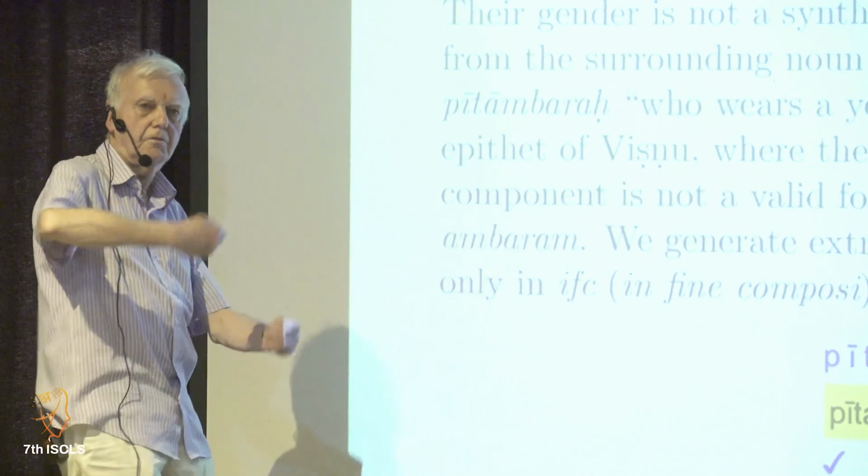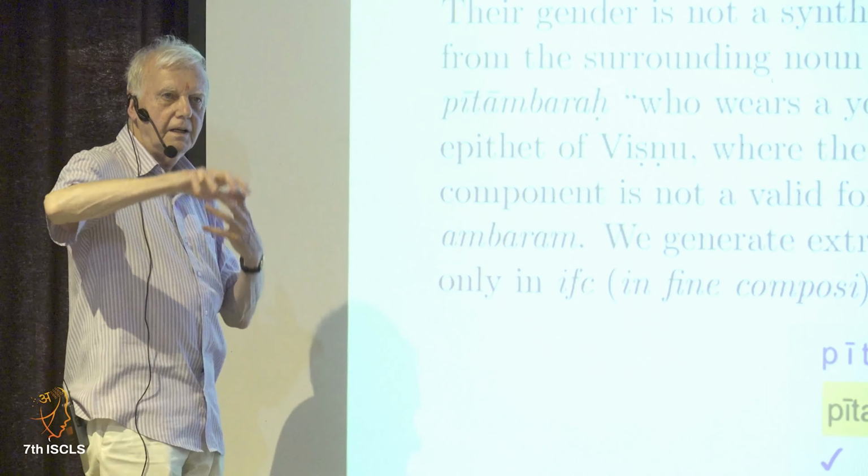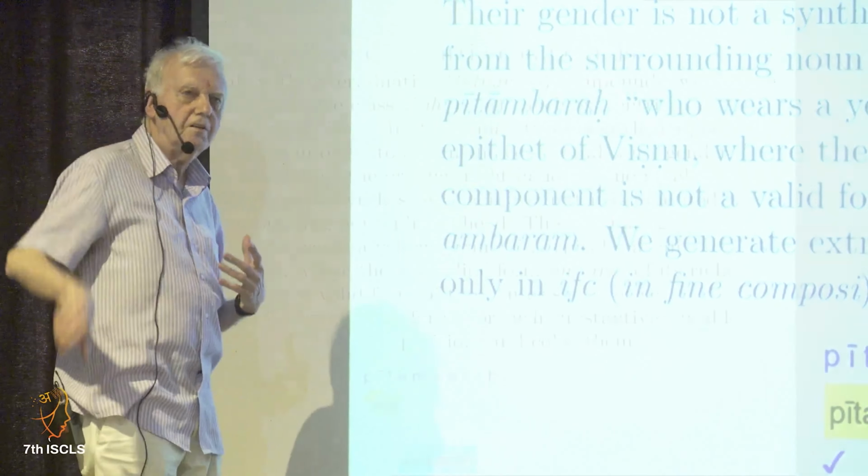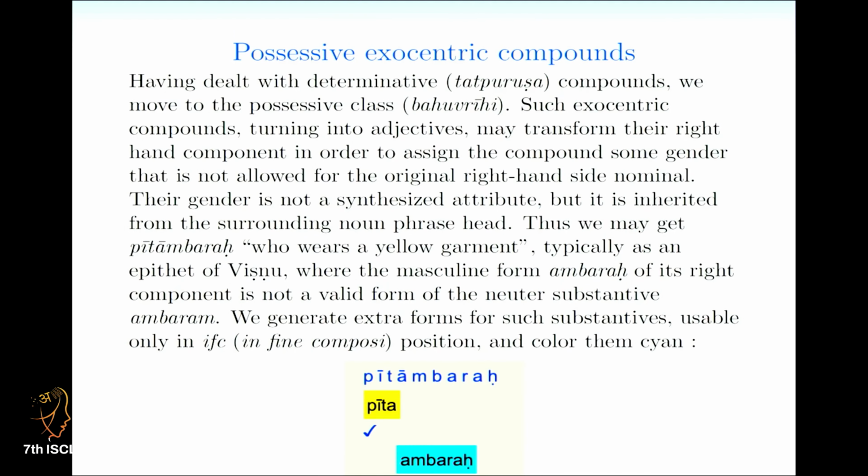So it's only when you construct the Bahuvrihi that you have to erase the original vibhakti and put the vibhakti which is inherited from the noun it qualifies. Okay? So I want to bring your attention to the fact that it's a Bahuvrihi construction. Here is a case where it's obvious that it's a Bahuvrihi, because precisely it's not a form of ambaram.